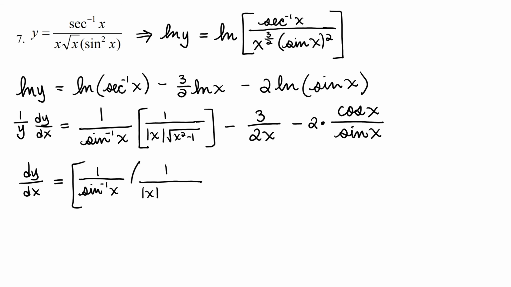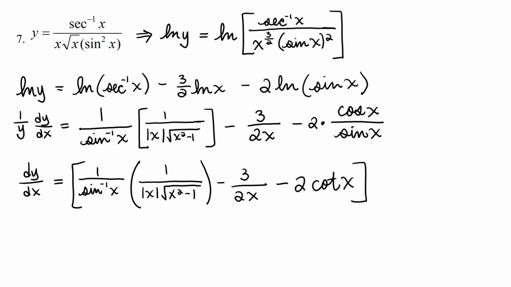I will change this to parentheses though. Times the square root of x squared minus 1, minus 3 over 2x, and minus cosine of x over sine of x is cotangent x, so minus 2 cotangent x times y, but we know what y is.